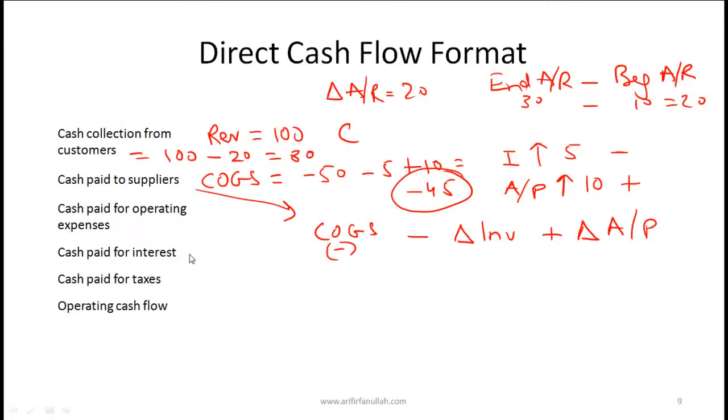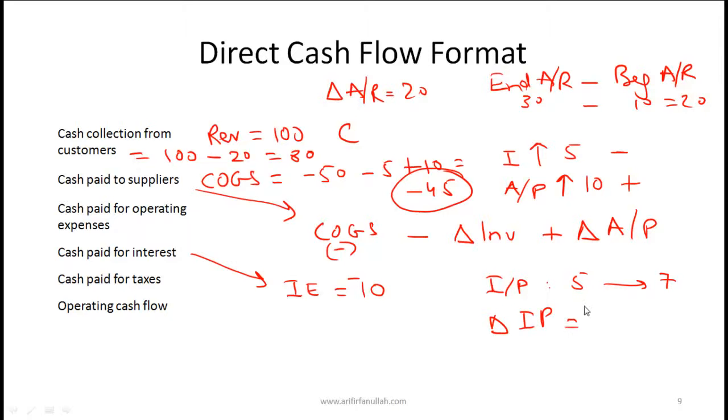Cash paid for interest. So here again, from the income statement, say your interest expense is equal to 10, and since this is an expense, we'll call this a negative number. And then let's say that your interest payable went up from 5 to 7 during the year. So what is the change in interest payable?